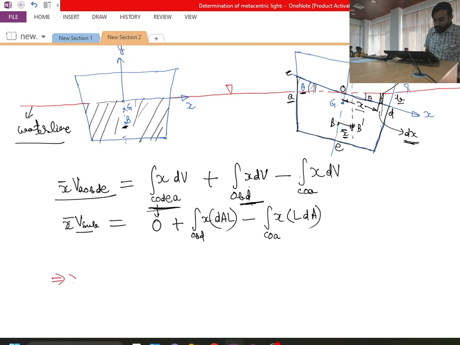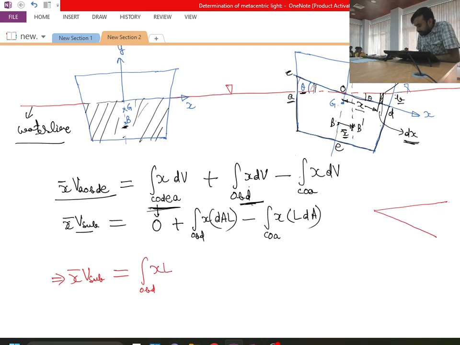Okay, so now we will be having x bar into submerged volume is equal to integral OBD x times L dA. Now dA, what I can do, this is my area dA. So how it is distributed, you can see this is the water line, and this is my wedge section, and this is the area which I have considered.